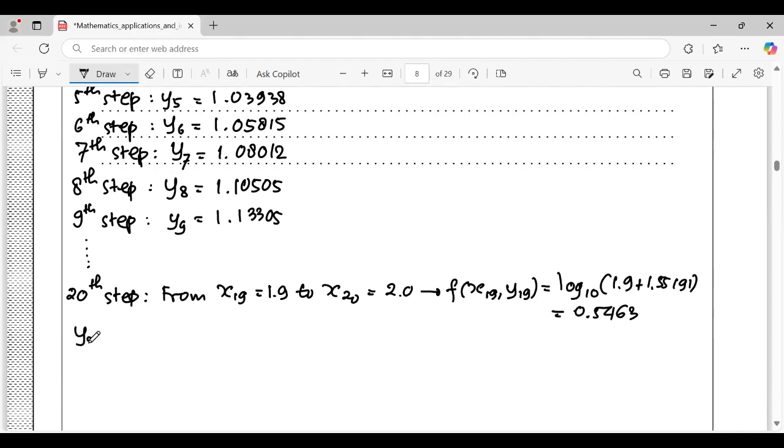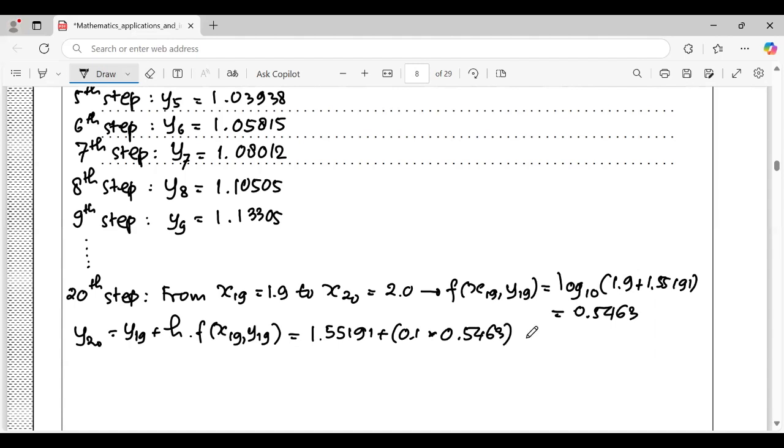So it means y20 equals y19 plus h times f(x19, y19), equal to 1.55, this is on my calculator, and 1 plus 0.1 times 0.5463, this number.